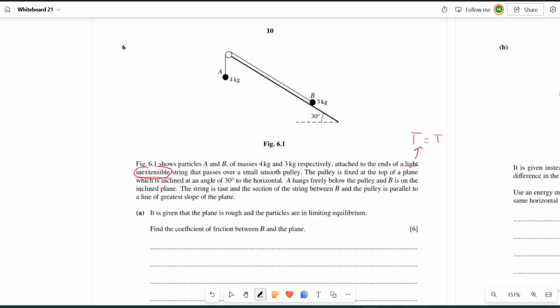And inextensible means something that's very important: it means that the accelerations of both particles at the ends of the same string are equal. So accelerations are equal, velocities are also equal at the same instant of time, and if A moved 1 meter down, then B must move 1 meter up.